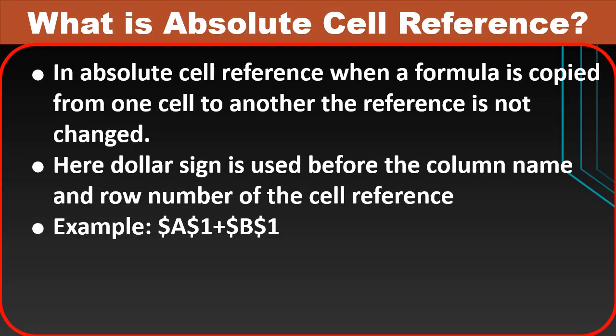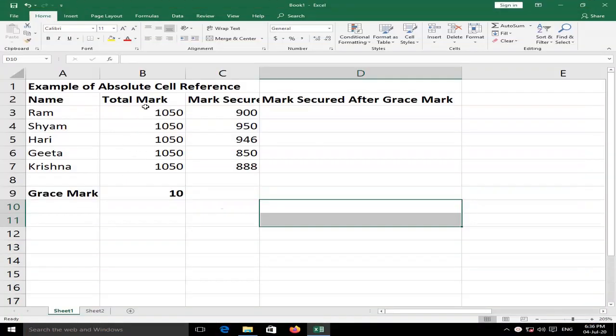In absolute cell reference, when a formula is copied from one cell to another, the reference is not changed. Here a dollar sign is used before the column name as well as before the row number of the cell reference. For example, $A$1, $B$1. Now look at the example of absolute cell reference.